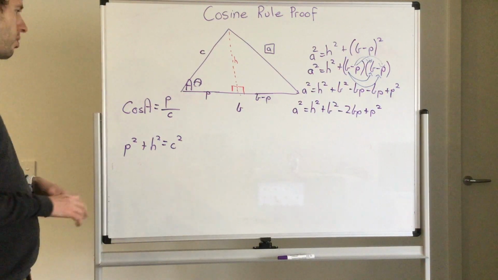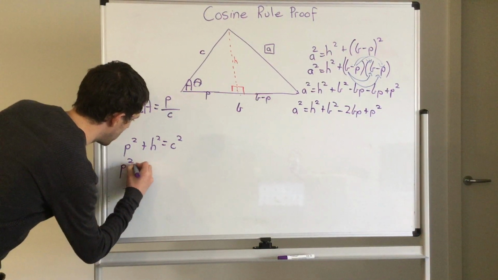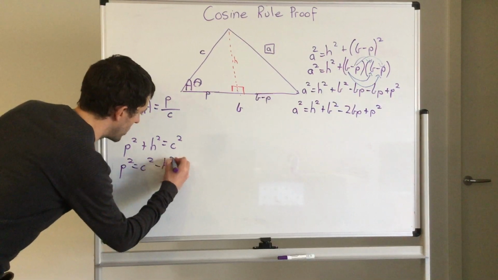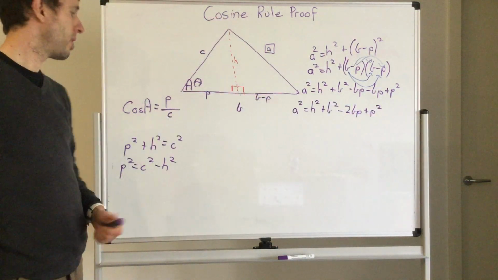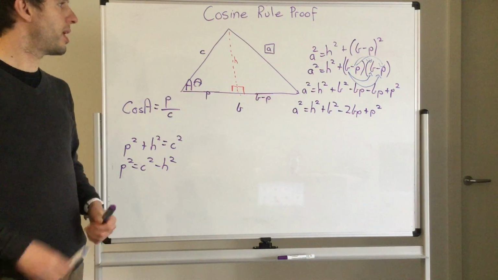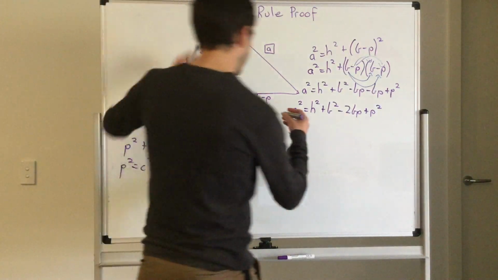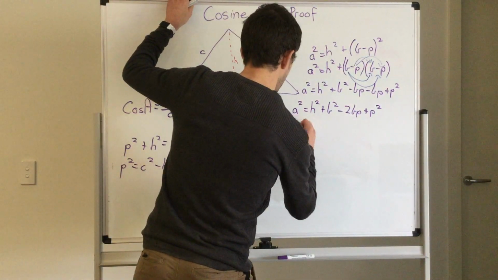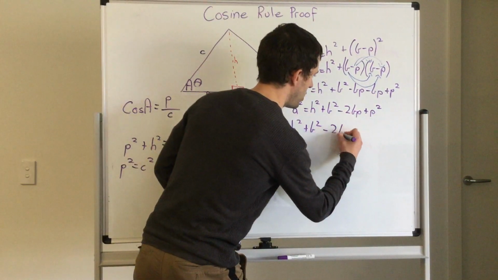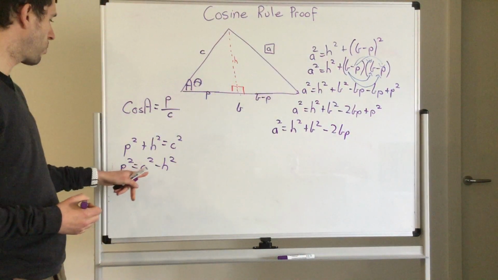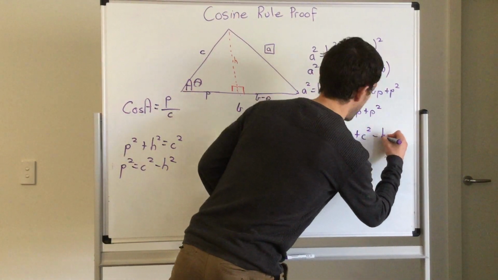Now I'm going to work out what P squared is. So P squared equals C squared take H squared. I just took H squared from each side. Now I see P squared over in here, so I'm just going to substitute C squared take H squared where I've got P squared. So that's just going to be A squared equals H squared plus B squared take 2BP, and instead of me putting P squared, I'm putting plus C squared take H squared.